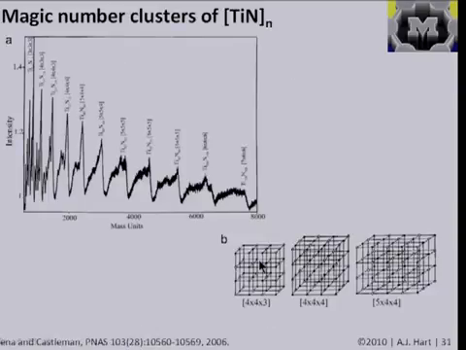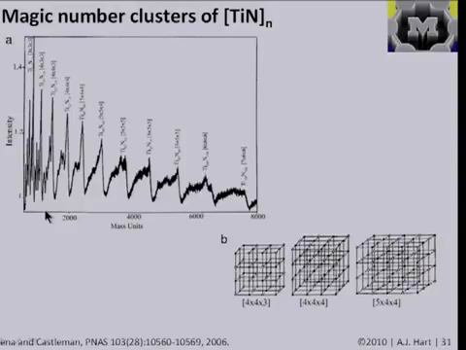And for example, measurements of clusters made of titanium and nitrogen, so titanium nitride, where you have 1 Ti for every 1 N, and these have a simple cubic lattice where you have alternating atoms of titanium versus nitrogen.